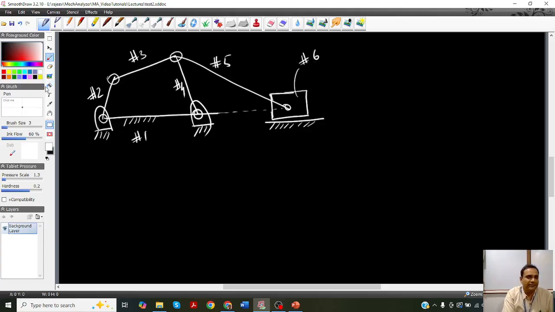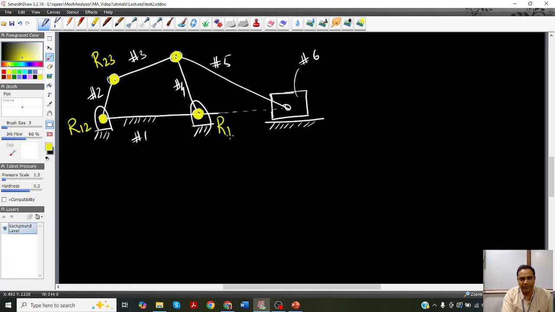Now a good practice is to identify the joints. So there's a revolute joint. It is allowing rotation between 1 and 2. I'll call it 1, 2. There's another revolute joint between 2 and 3. Okay, I'll come back here later. So this particular joint is between 1 and 4.